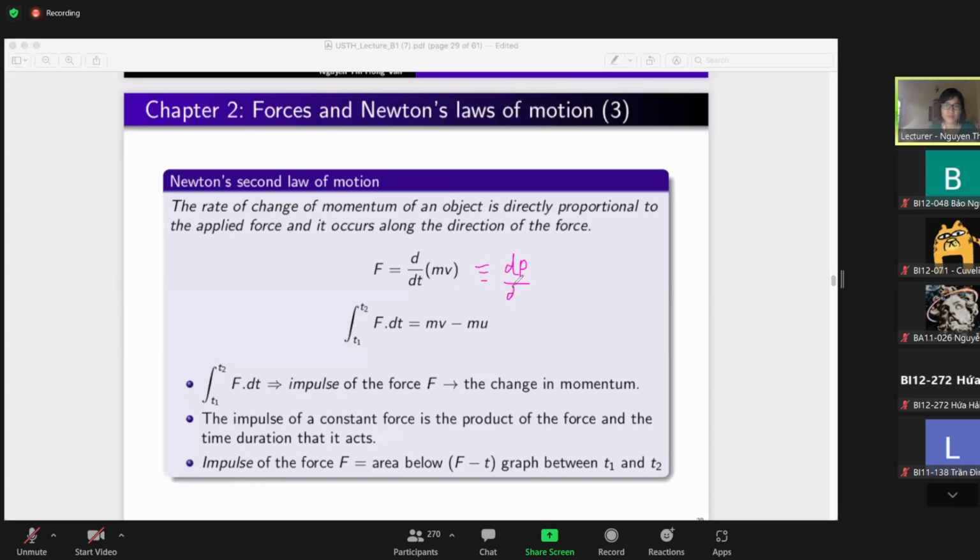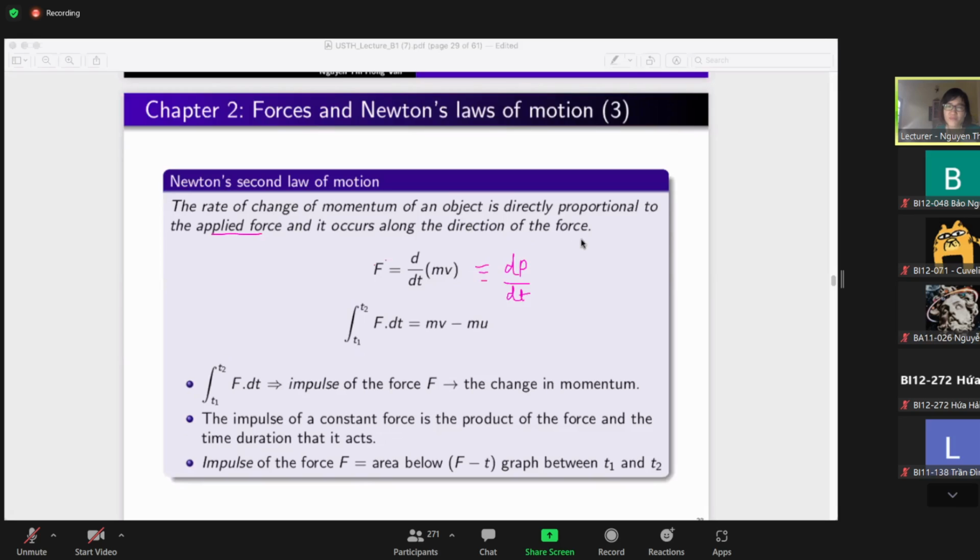For example, I don't take the direction. If you have direction here, you also have direction here, but for example, you consider the magnitude to be easy to say. Then the rate of change of momentum of the object is directly proportional to the applied force, and it occurs along the direction of the force.